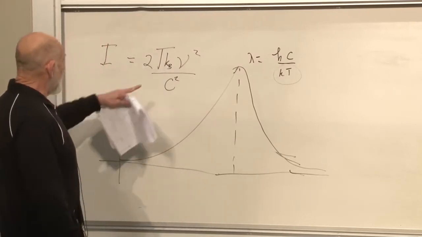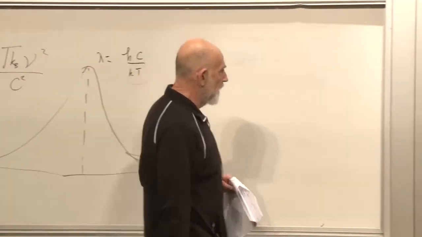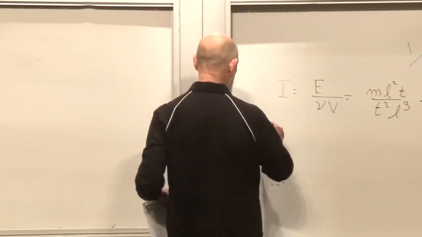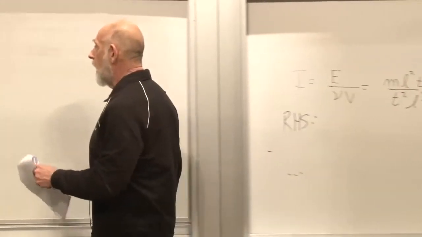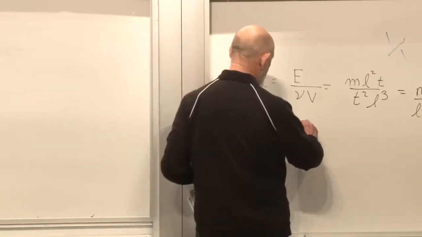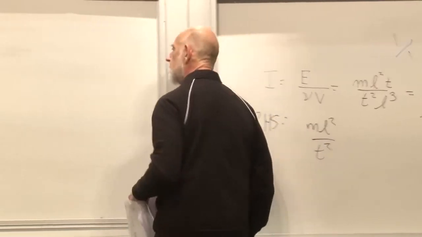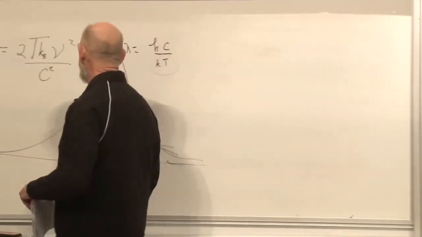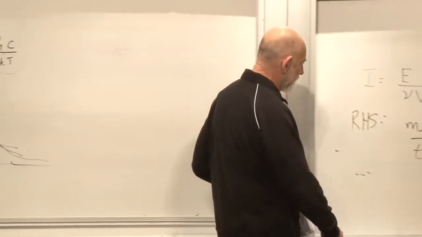The units on the right-hand side are again energy, which is again mass times length squared over time squared. Frequency squared is 1 over time squared.